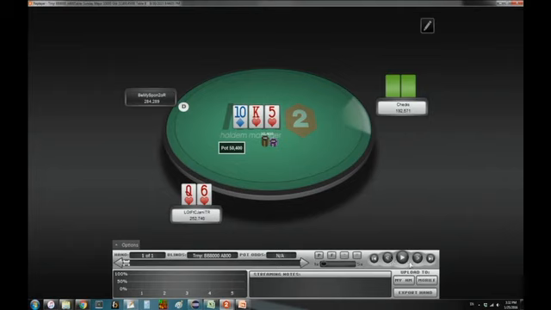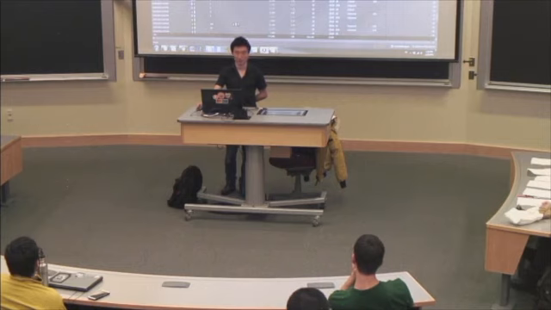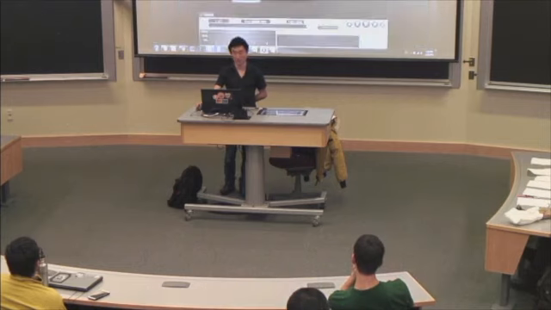He just checks. He might just be giving up on this board. It's fairly dry, right? From what I said last class, if the board is fairly dry, where every hand has something, if you've got absolutely nothing, then there's not even much point to make a bluff. Like if he's got ace-2 offsuit here, he just checks and I bet and he folds. So he probably had ace-2 offsuit or some hand like that.